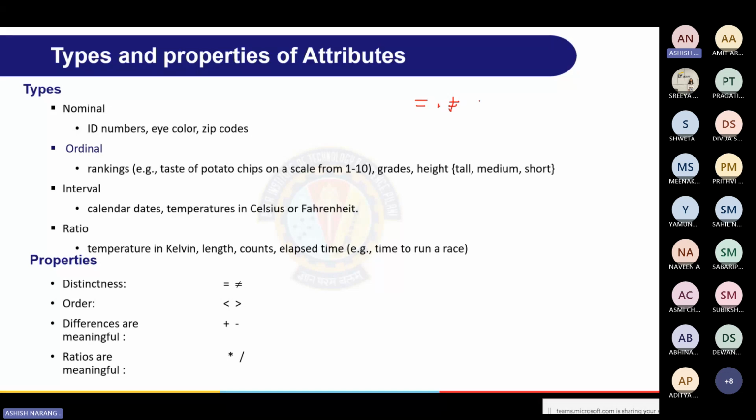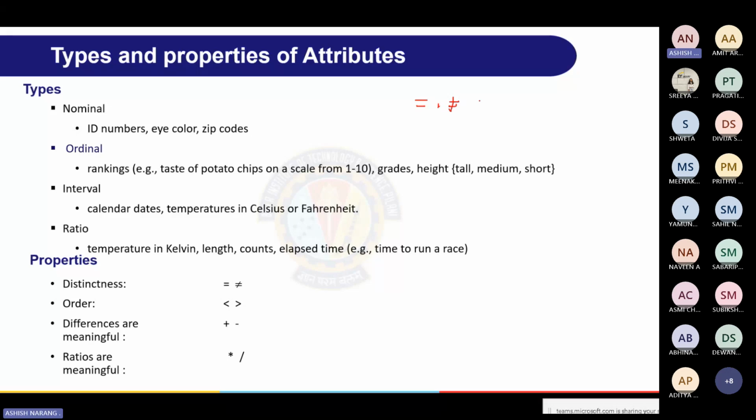So when you see the values have a certain order, then those are termed as ordinal attributes, right? Whenever you go and buy a certain apparel for yourself, it has sizes small, medium, large, and so on. What is this? This is an ordinal attribute as such, right?